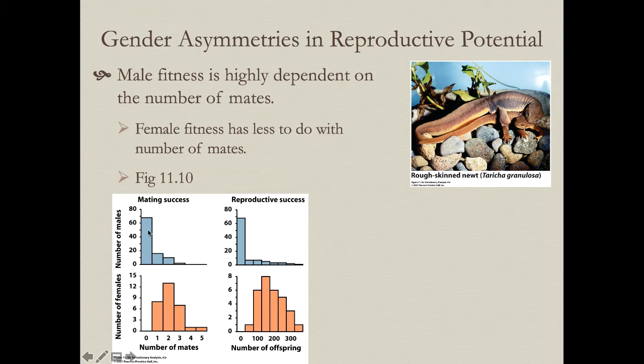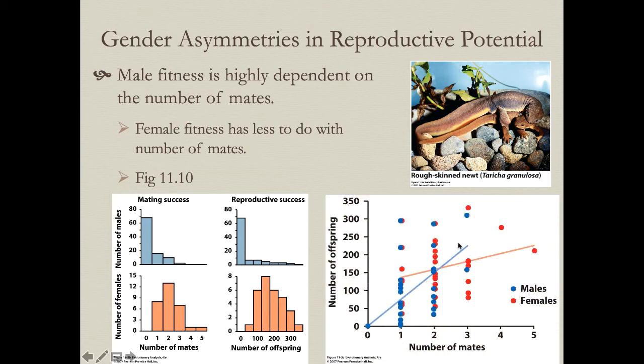So you see that most males have absolutely zero mating success. These are the individuals that are young or lower quality individuals, and they just can't convince females to mate with them. But what we'll see is the number of females that a male has is closely correlated to the number of offspring he produces, his reproductive success.